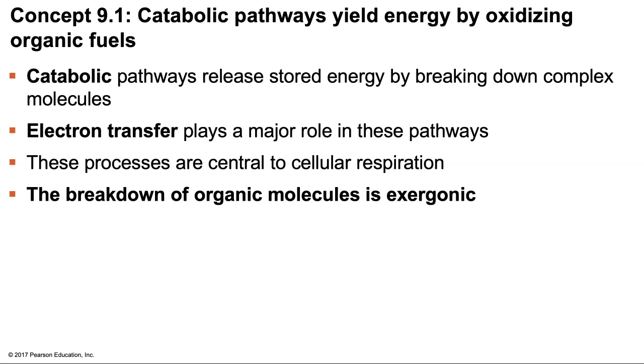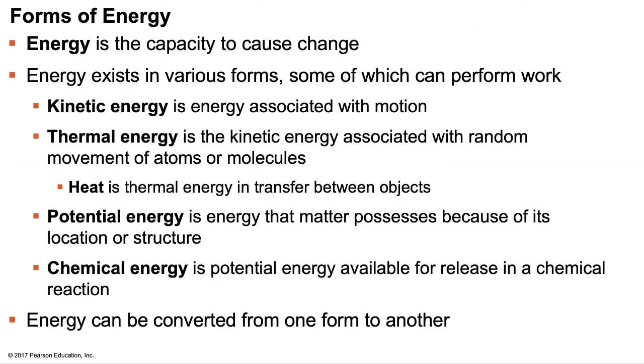So we are going to be focusing on the catabolic pathways because, if you also recall, we learned about the different types of energy. We learned kinetic energy, which is the energy of motion, and we learned potential energy, which has to do with either location or structure. And the example that was shown in your slides for potential energy is chemical energy.